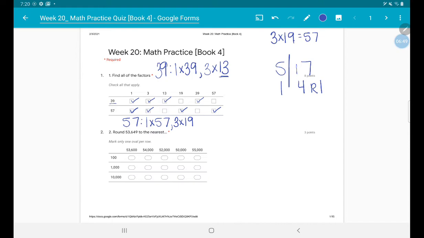So I can check 6. I know that 6 times 9 is 54. 6 times 10 is 60. So that skips right over 57. 6 is not going to be a factor. So I need to try 7.